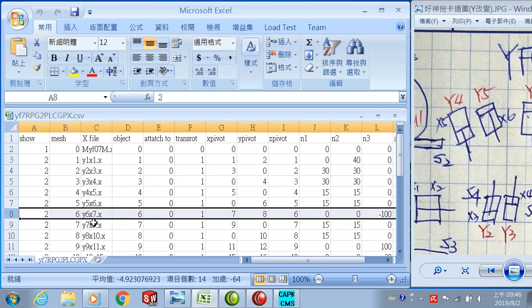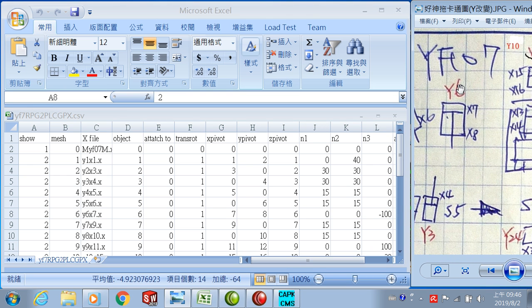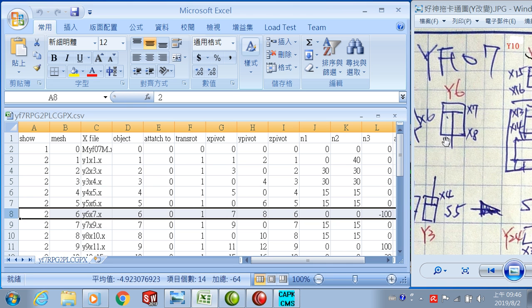Then Y6, S7. Y6, S7 is the inner piece assembly rod. The I/O definition is the upper limit PLC input 7.